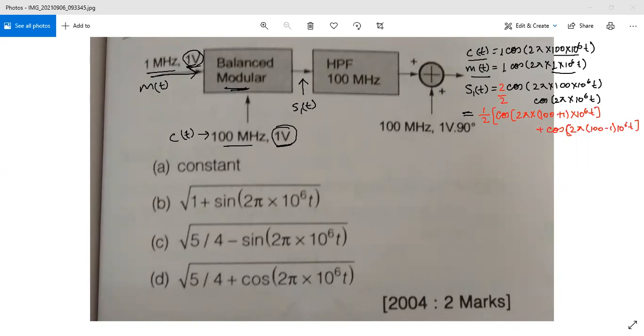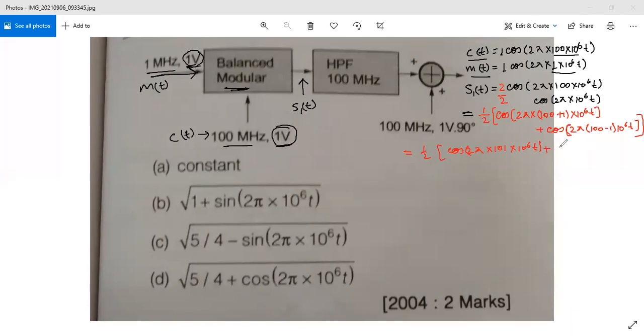So we have this much. Now next we will have a half of cos 2 pi into 101. Here we will have 101 into 10 to the power 6t.